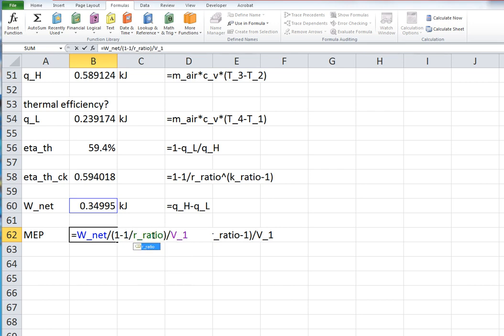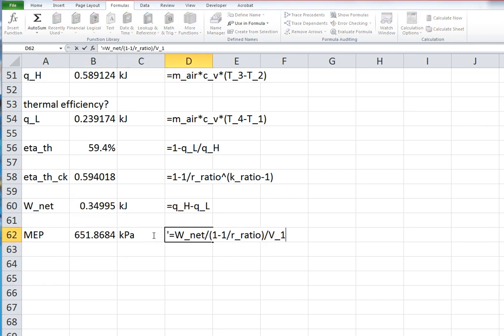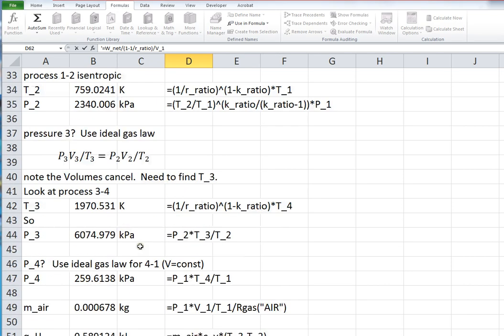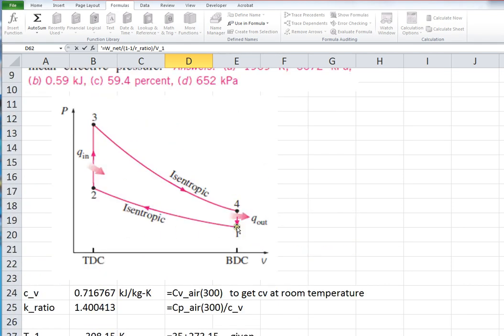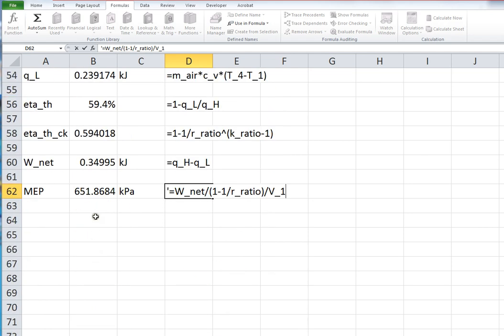Yeah, we get a much better answer. The downfall in my thinking there is I was considering V1 as being the smallest volume, and that we had to increase to V2, and that's just the opposite. We need to compress to V2, and I needed to find the difference between V1, that's the largest volume, and V2, which is the smaller volume. So he got 652, and we got 651.8. All right, well, that's it for this example.